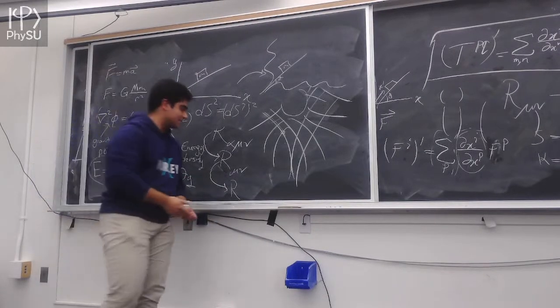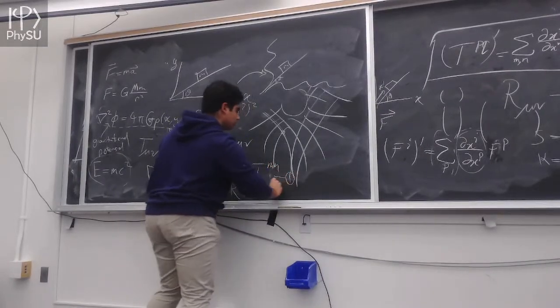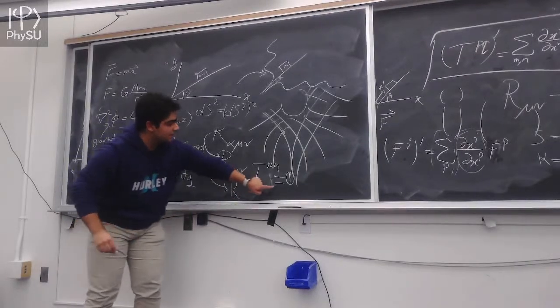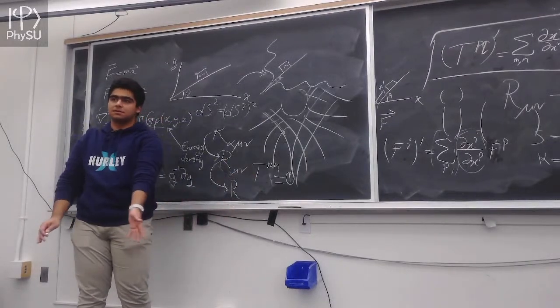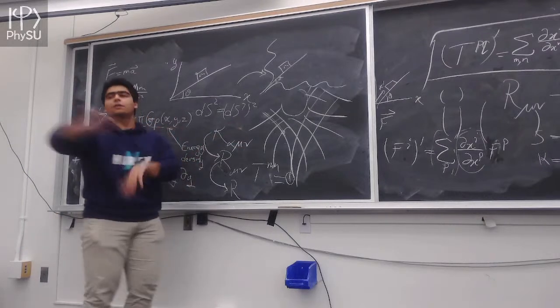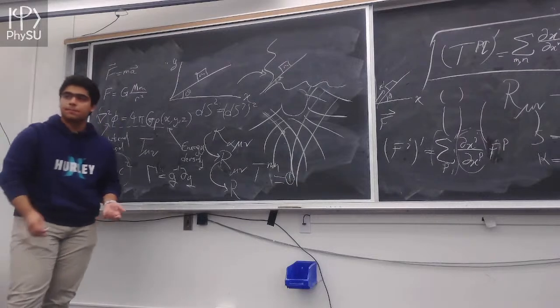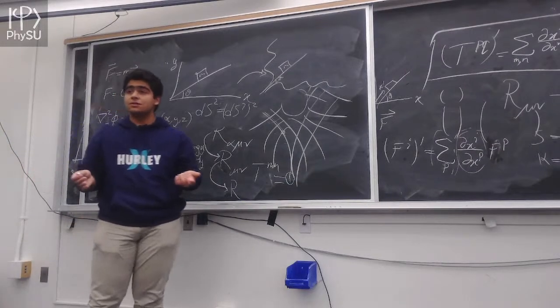For example, if I have some tensor equal to 0, this is true in all reference frames. T_mn is equal to 0 in all reference frames, doesn't matter what kind of curvilinear coordinate systems you use. Okay, does that answer your question?